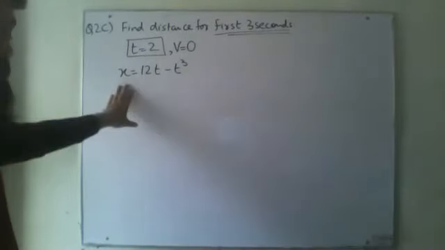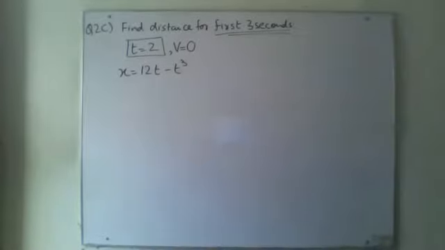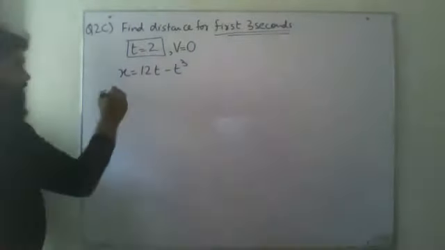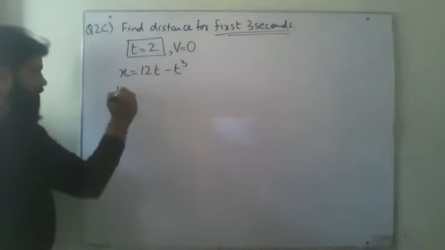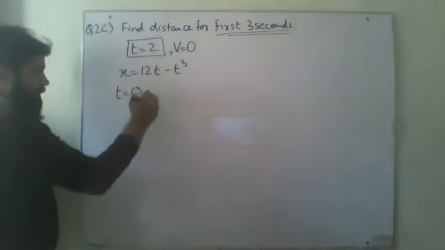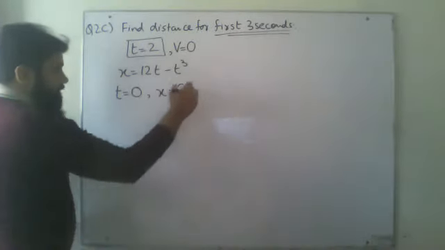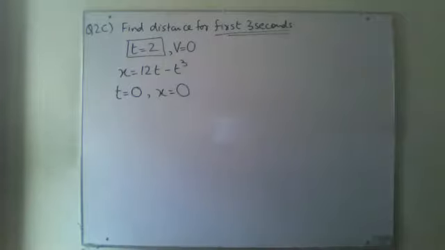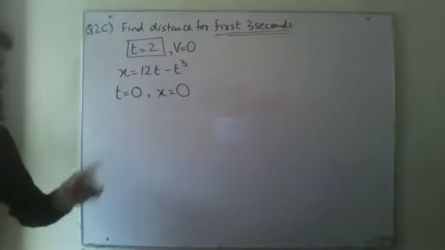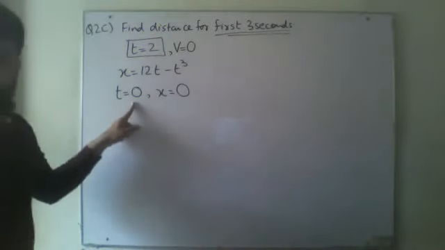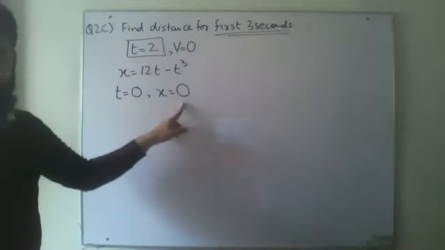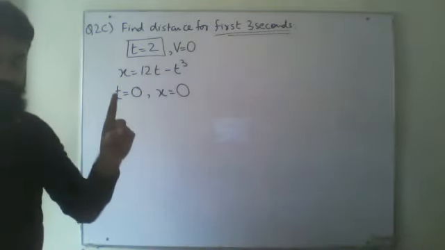That was your equation of displacement given to me, right? How will I start? First of all, at t equals to 0, calculate your displacement over here. That will be coming 0. Okay, first step. Always start from t equals to 0, find your displacement.